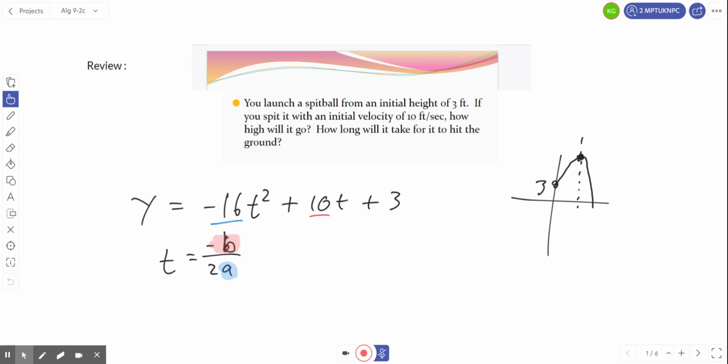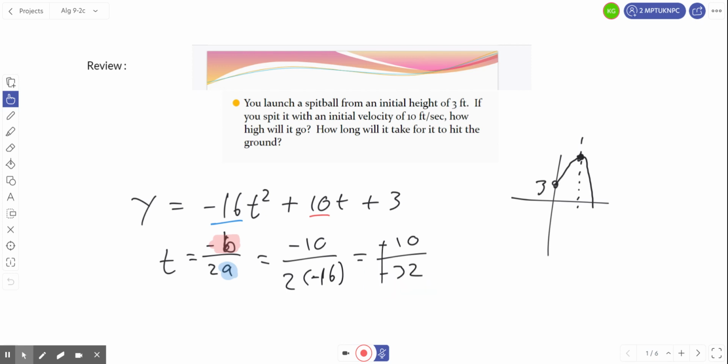And so in this case, when we substitute those values in, that means negative 10 over 2 times negative 16. The negatives on the top and bottom will cancel out. So this is negative 10. 2 times negative 16 is negative 32.